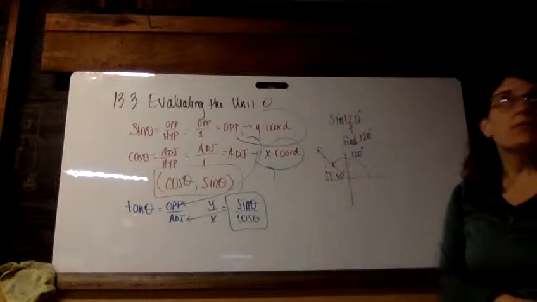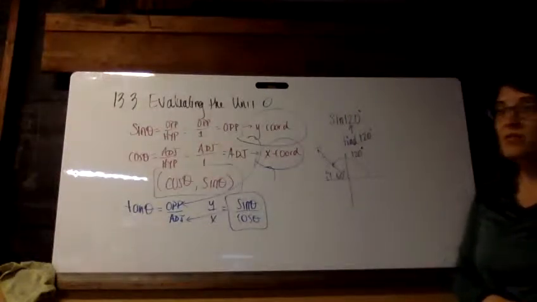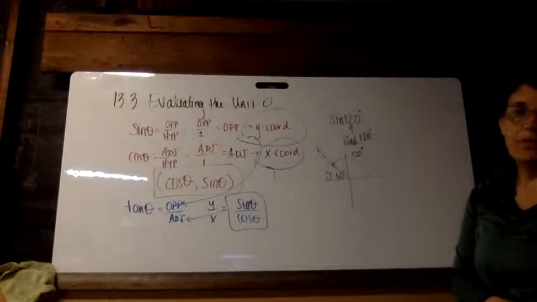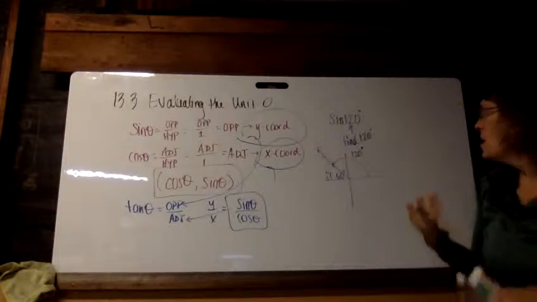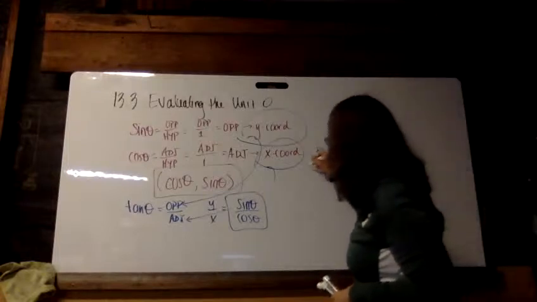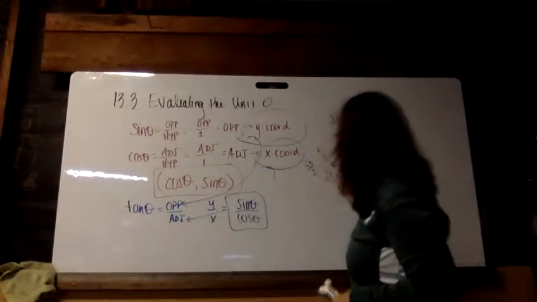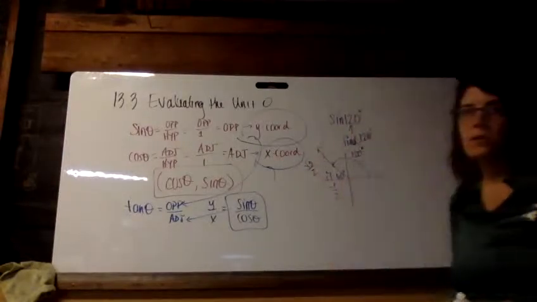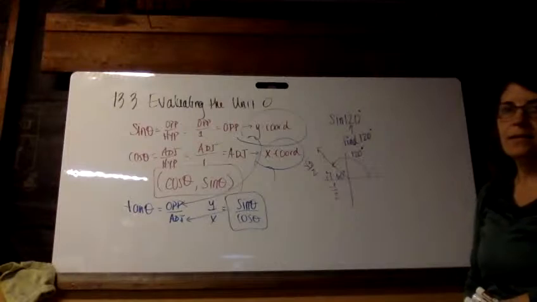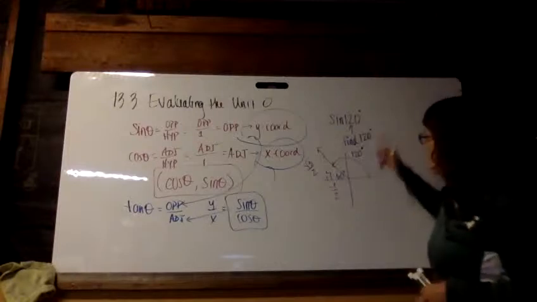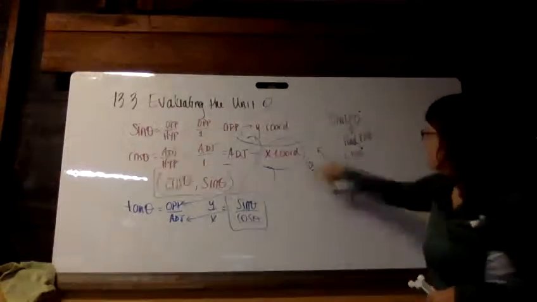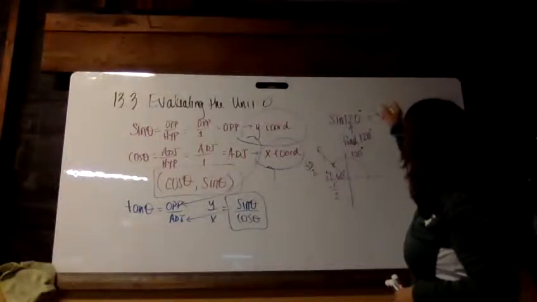Miss Babiak, this takes a really long time. Why can't I just use my unit circle? Because you can't. You have to understand where it comes from. So 60 degrees, opposite, root 3 over 2. Adjacent, negative 1/2. So the sine is opposite, which is root 3 over 2.